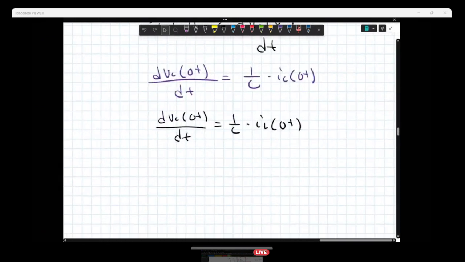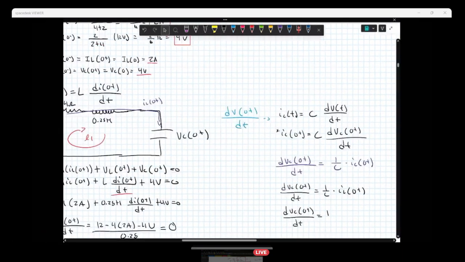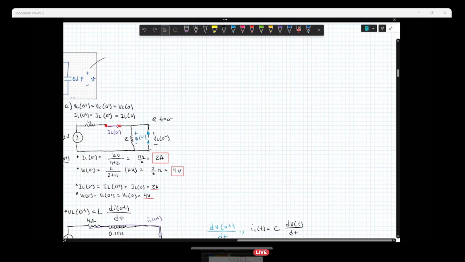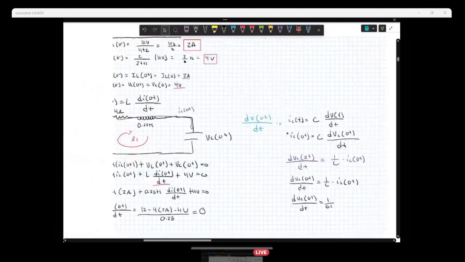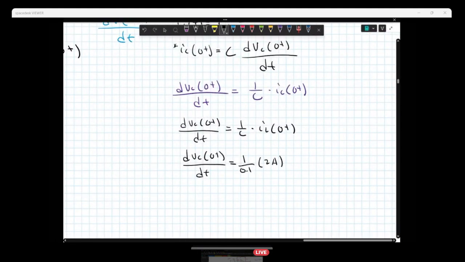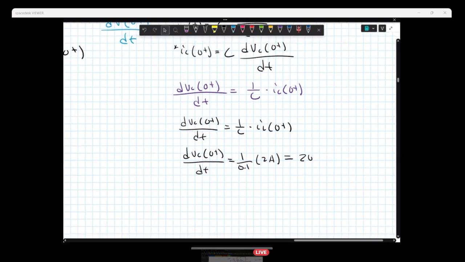So dVc of 0 plus over dt equals 1 over 0.1 times 2. And this should equal 20, right? Yeah, 20 volts.